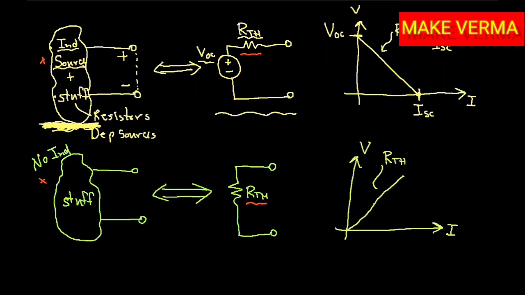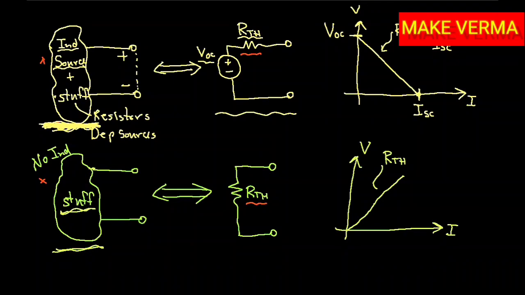In this case, we can find RTH in two ways. If I have in this circuit no dependent sources, then RTH is just the equivalent resistance of all of the stuff, which in this case would just be resistors.